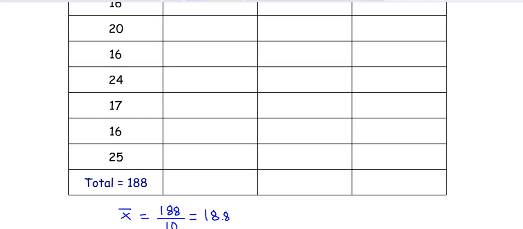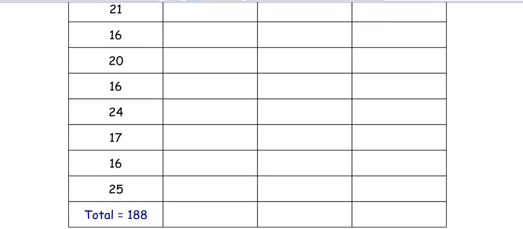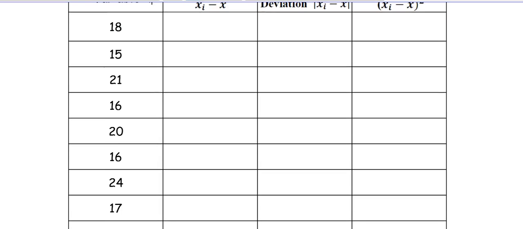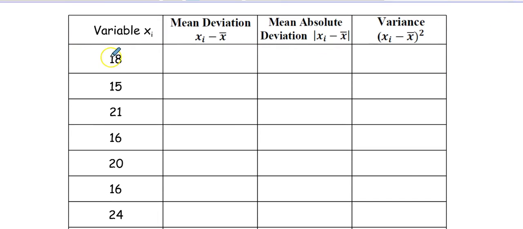So this mean is subtracted from each of those x values. Here I will do 18 minus 18.8. From 18 I subtract 18.8, which gives negative 0.8.